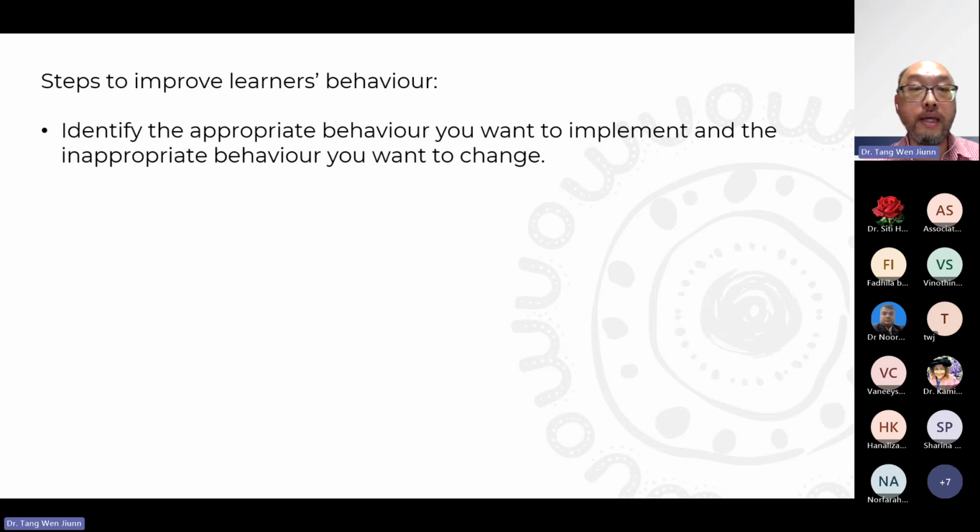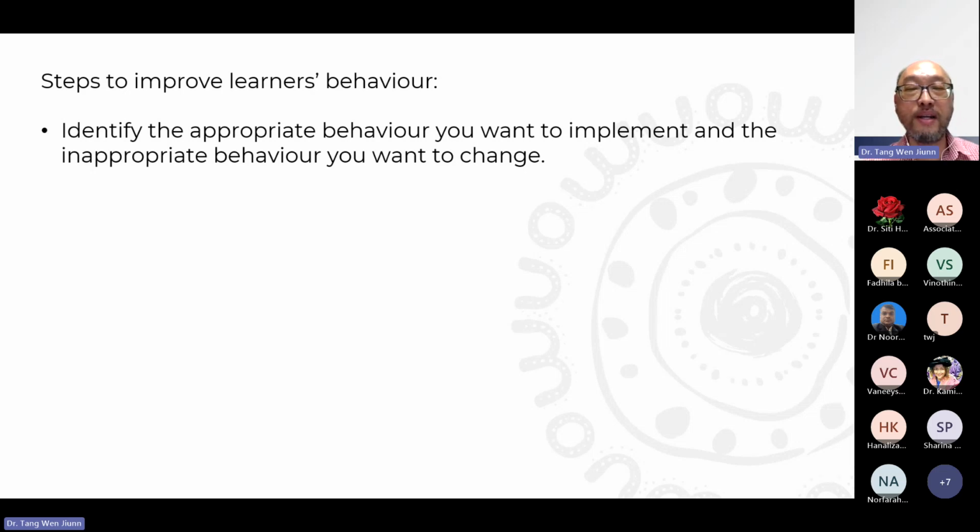In order to implement using this style, the behaviorist tradition, we have to identify what kind of appropriate behavior we want to see in them and what we want to remove from them. For example, we want the students to have the habit of reading one article about environments before class.